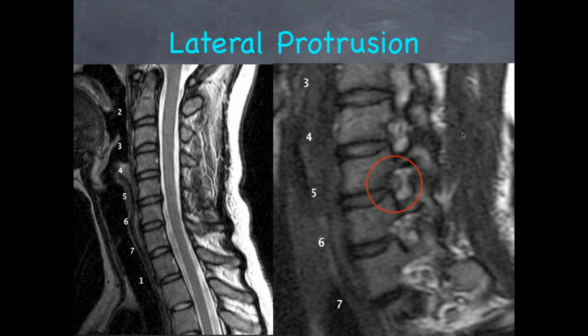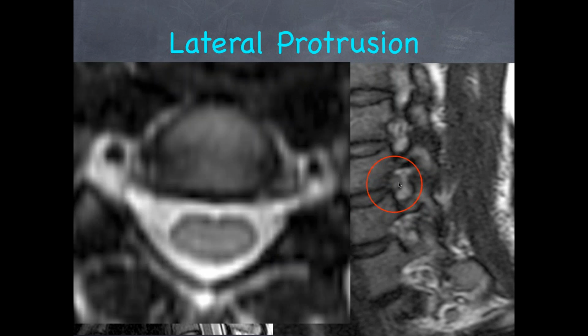Yeah. Yep. 5-6. So most of the time you can see these lateral or foraminal zone protrusions on the combination of the axial and the sagittals that aren't near the midline. But sometimes those oblique sagittals are really very helpful. Here the axial images show that lateral disc protrusion pretty nicely here, and the compromise of the foramen.